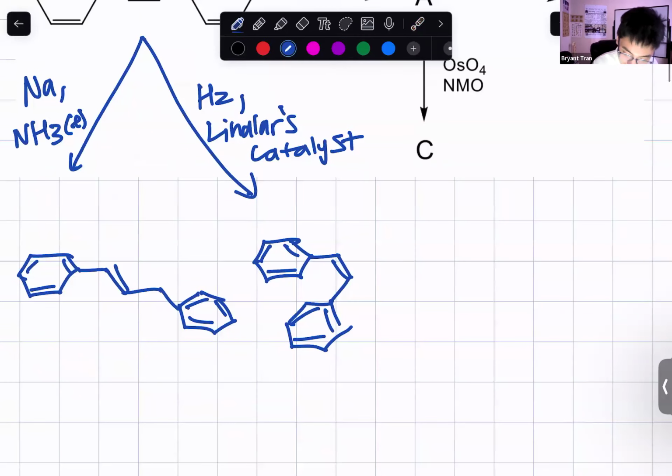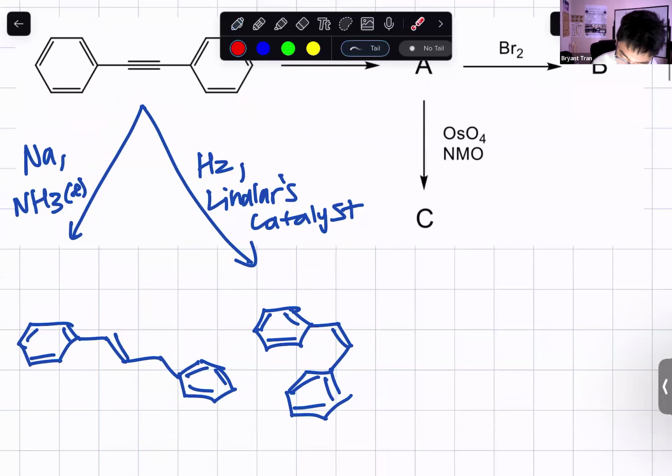That is very important, the stereochemistry of these reactions. For Br2, that is going to be anti-addition: one bromine is going to be anti to the other bromine, right? The OsO4 will add two alcohols, one alcohol for each carbon of the alkene, but that is going to be syn.